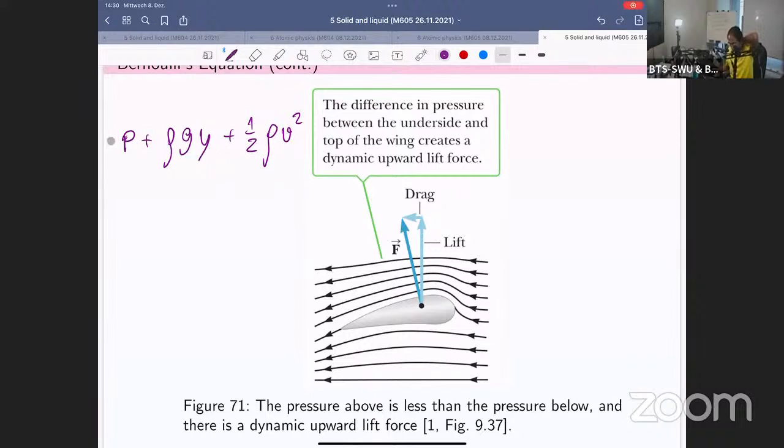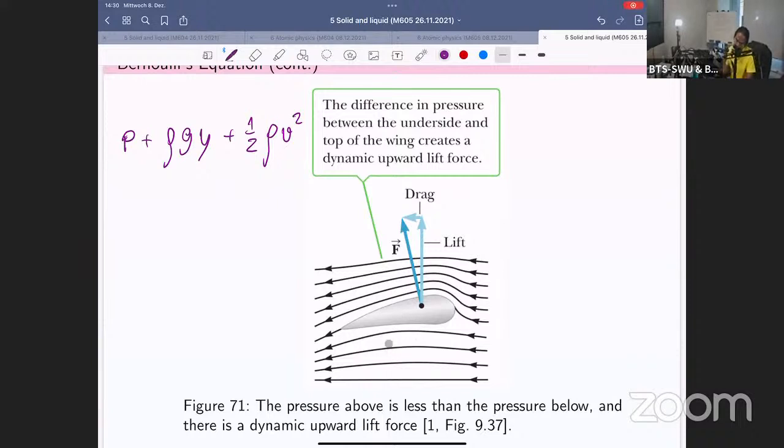So the difference is the pressure underneath the wing and on top of the wing will be different, and the speed of the wind too, right? Above the wing, you have higher speed. Underneath the wing, you have lower speed for the wind. And once you have lower speed, you would have higher pressure under the wing.